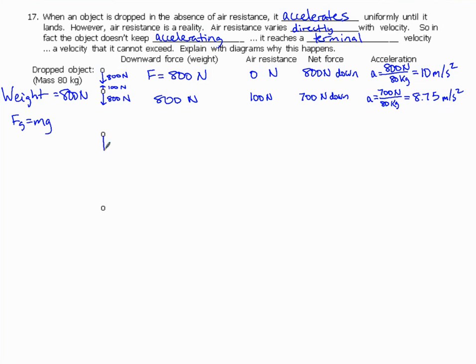So it continues to fall. Its downward force, its weight, is still 800. And at this point, let's say that the air resistance is 500 newtons. So our weight, 800, our air resistance, 500 newtons, and our net force, 800 minus 500, is 300 newtons down.